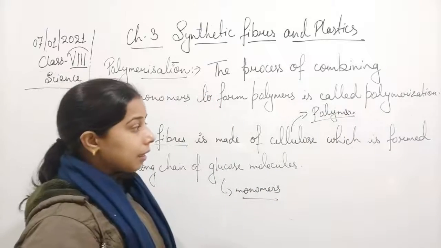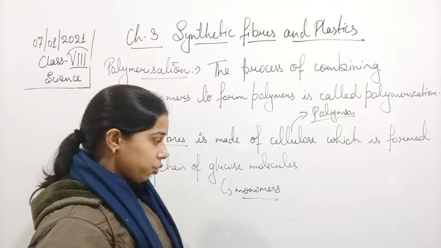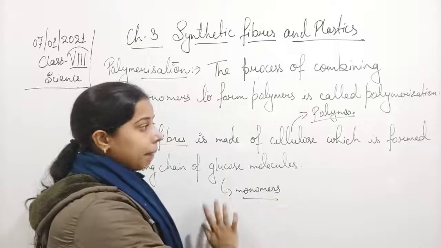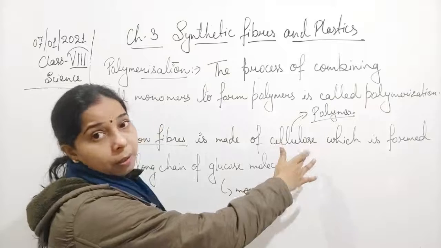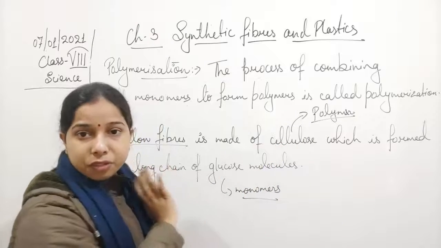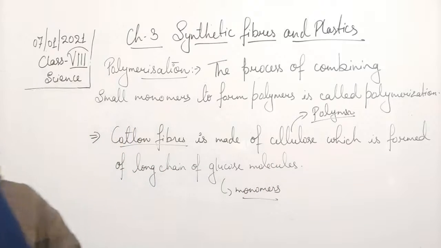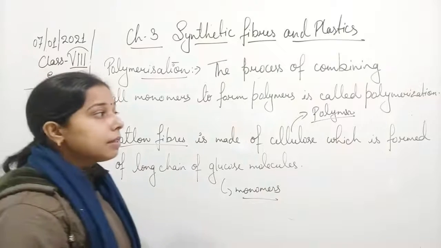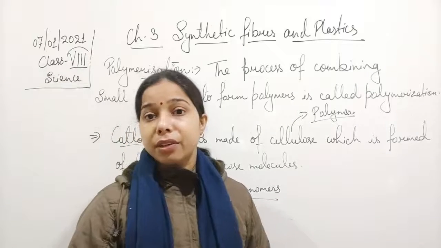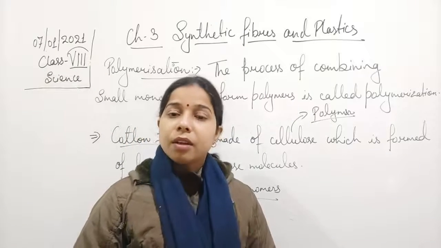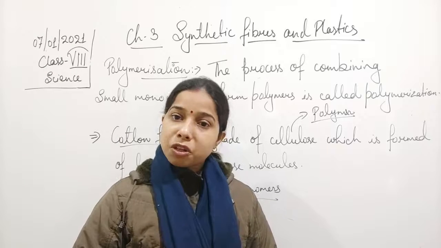So we can say that the process by which these monomers combine to form this polymer is known as polymerization. Now let us see some of the common synthetic fibers in which the polymerization occurs.